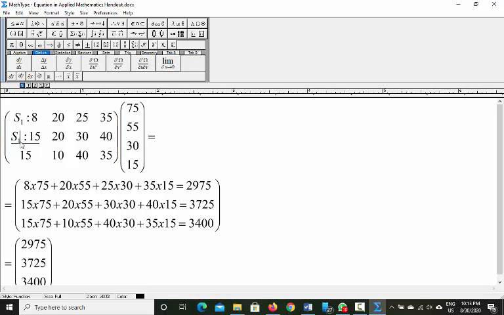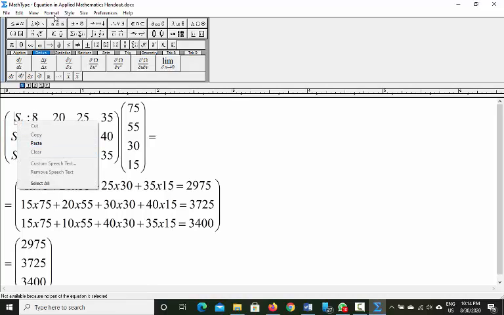This one represents the selling pattern of the third salesperson. So the first row represents the selling pattern of the first salesperson, the second row represents the second salesperson, and the third row represents the third salesperson.